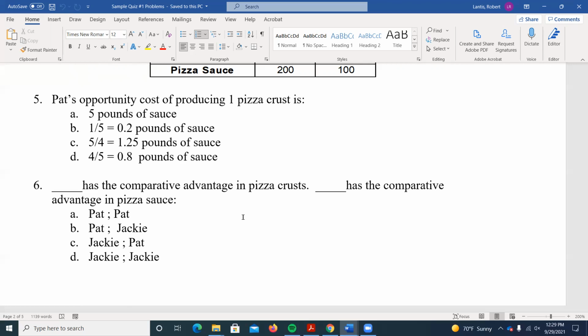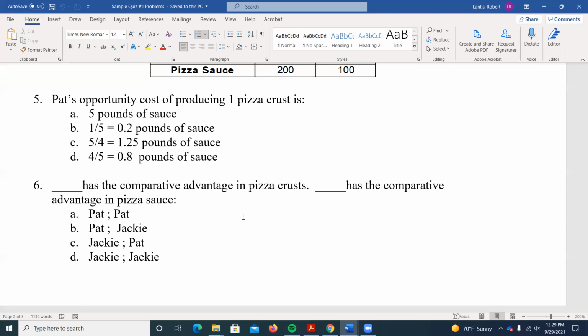The reason why that's true is because, here we've got cost of the crust, cost of sauce, Jackie, Pat. We just found the cost of crust for both of them. Jackie's was 0.125, Pat's was 0.2.